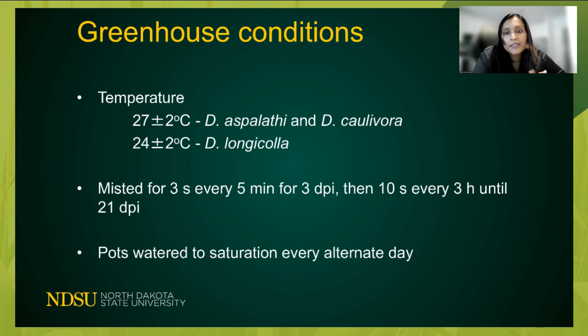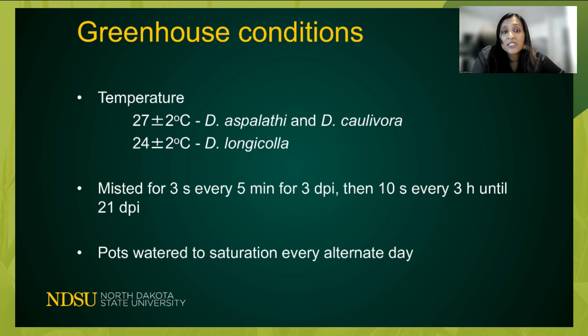When we were trying to standardize the conditions for the greenhouse, we were trying to mimic as much as possible what nature would actually do if we were to screen this under field conditions. The temperature for the stem canker fungi, Aspalathi and Caulivora, is somewhere between 27 plus or minus 2, which means it needs slightly warmer conditions than Longicola would need.